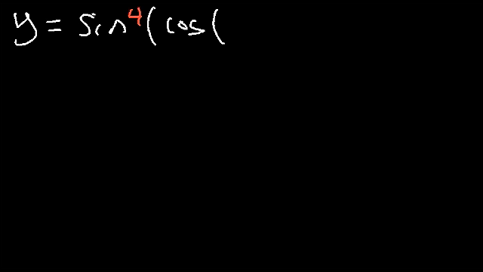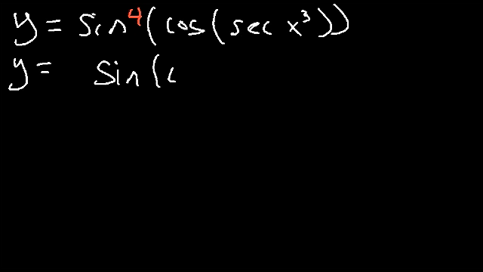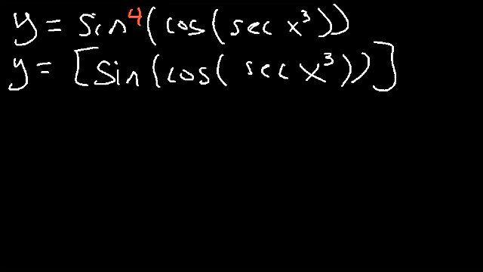Let's try a longer problem. Let's say y is equal to sine raised to the fourth, and then cosine, and then secant x to the third. First rewrite it. This is the same as sine, cosine, secant x to the third, all raised to the fourth power.